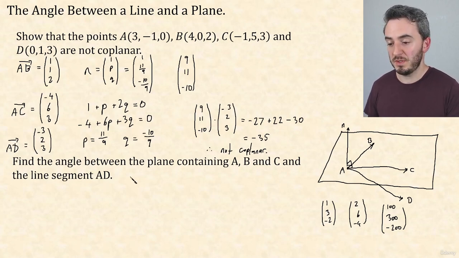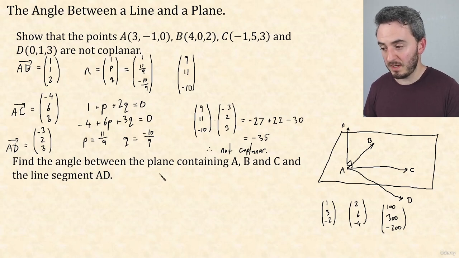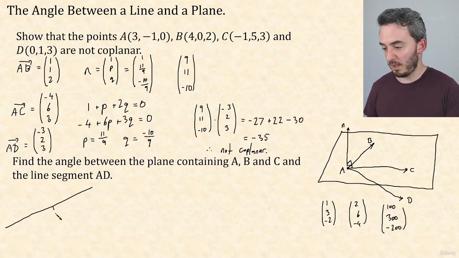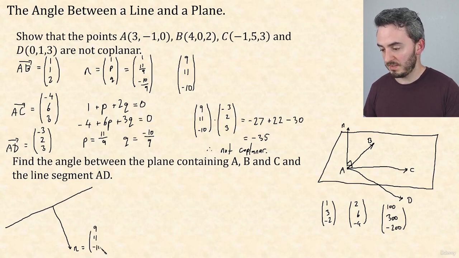Okay, find the angle between the plane containing A, B, and C and the line segment AD. So now we say, well, here's the plane containing A, B, and C. And we know that its normal, the one we just found over here, is 9, 11, minus 10.